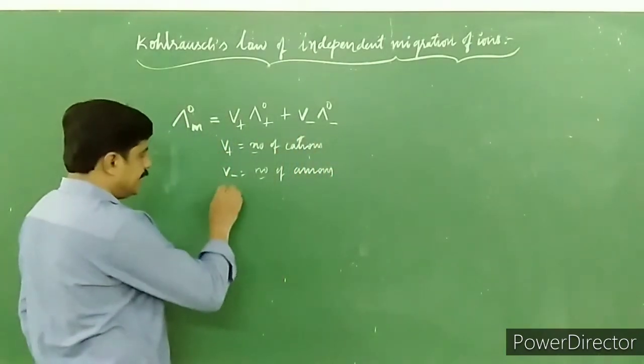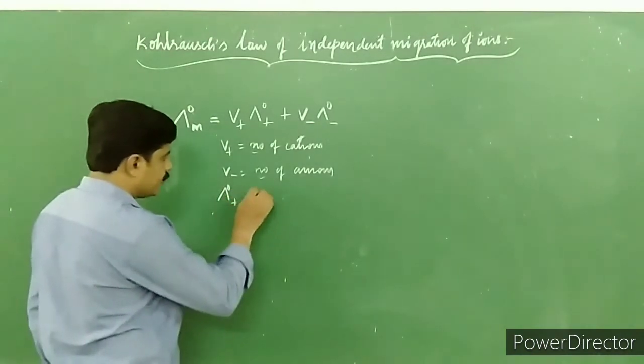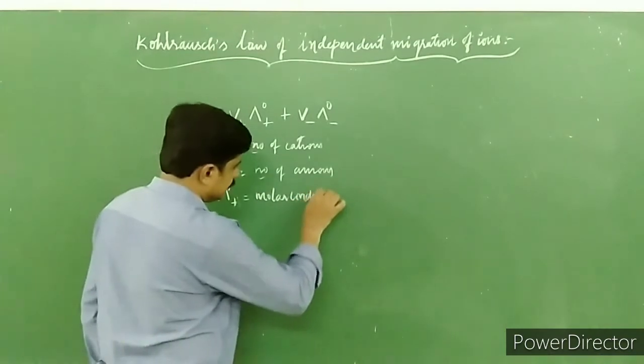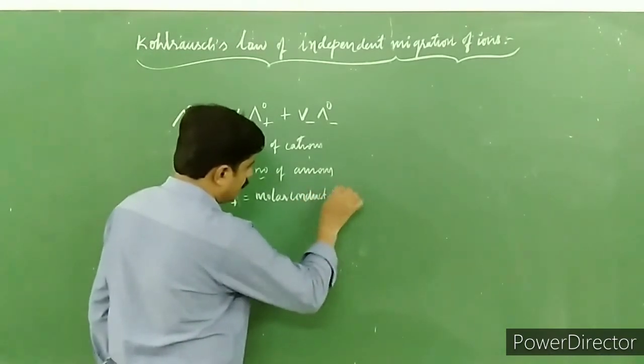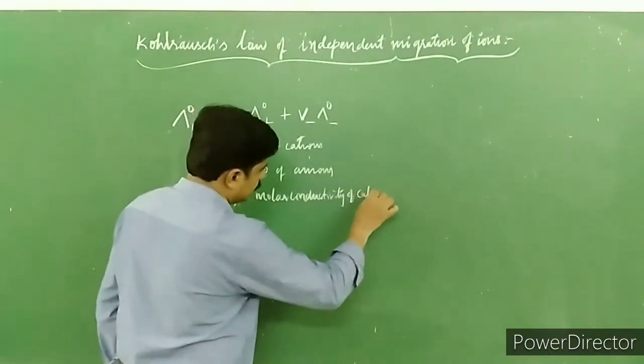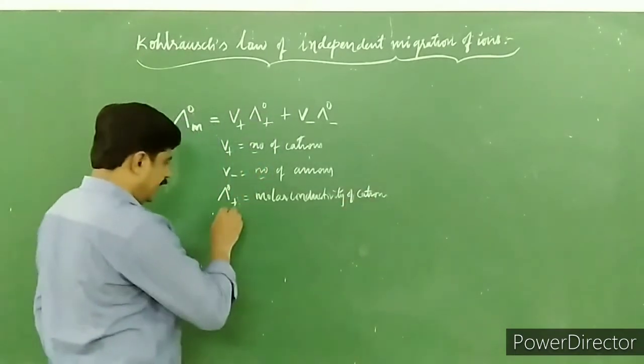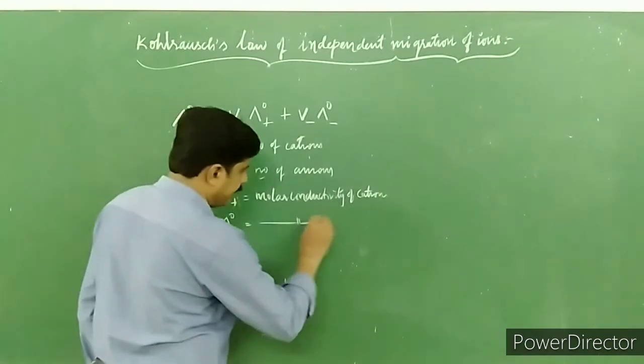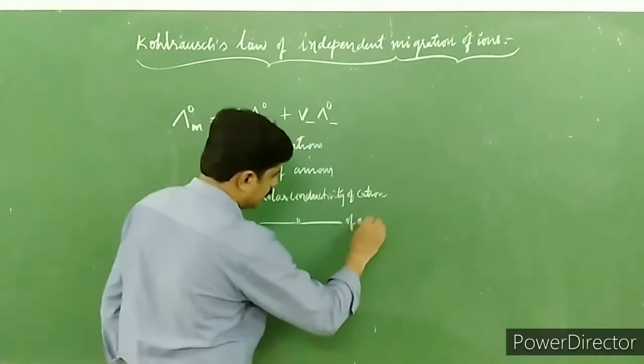Children, whereas lambda plus naught refers to molar conductivity of cations, whereas lambda minus naught refers to molar conductivity of anion.